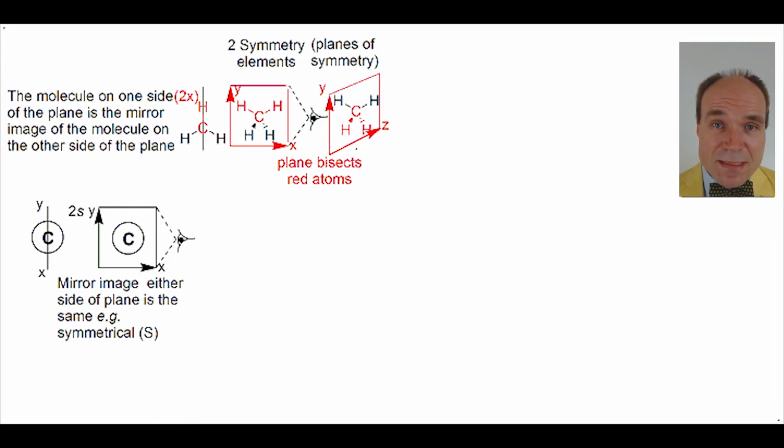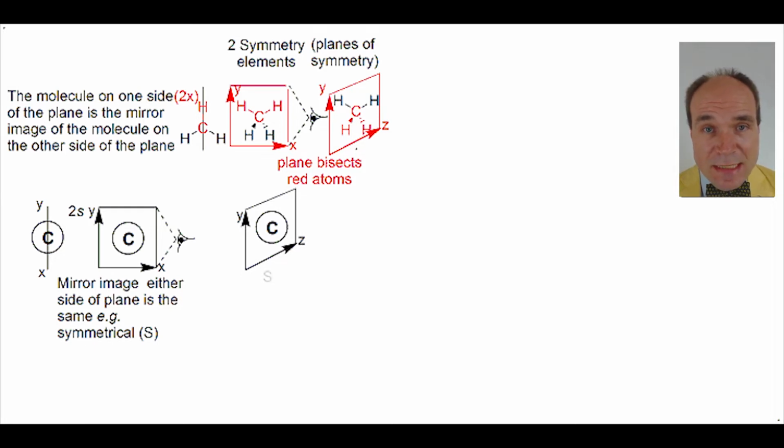So we will mark this as S. If we look at the s orbital of carbon with respect to the y-z plane, we can also see that this is symmetric. So yx plane is symmetric, yz plane is also symmetric. So now we're going to go on from the s orbital to considering the different orientations of p orbital in the carbon atom.